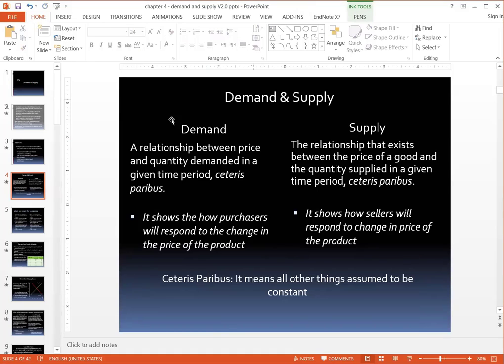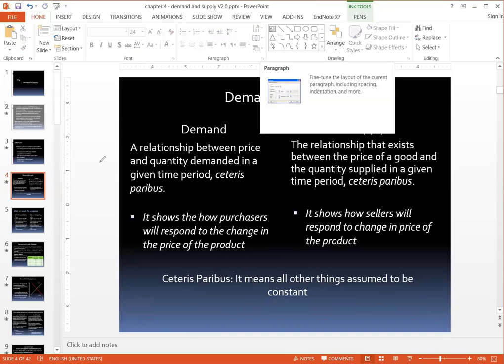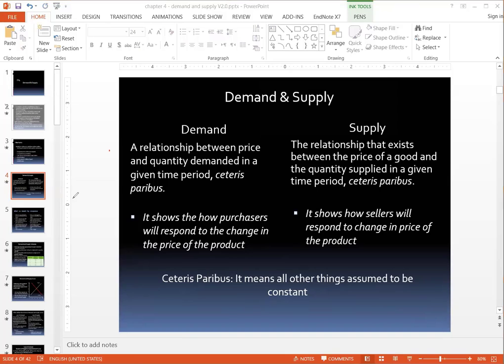For a buyer, he is there to buy things. He has decided on some quantity demanded, that he is going to buy this much.